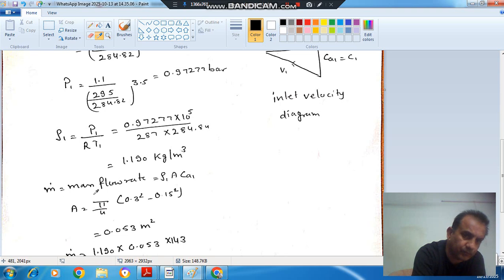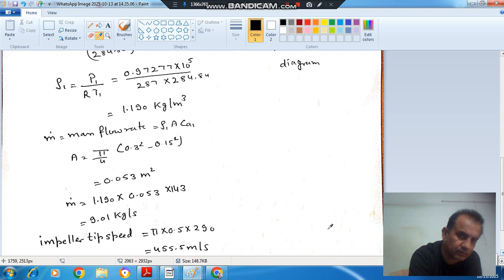flow rate by using rho A CA1. CA1 was given as 143 meter per second. So A was this 0.053 that we have calculated. Okay, so mass flow rate was 9.01 kilogram per second, and then we calculated the impeller tip speed, that is pi times impeller diameter times 290.